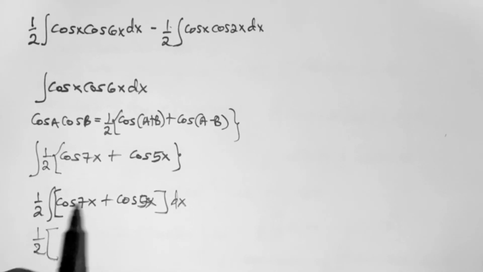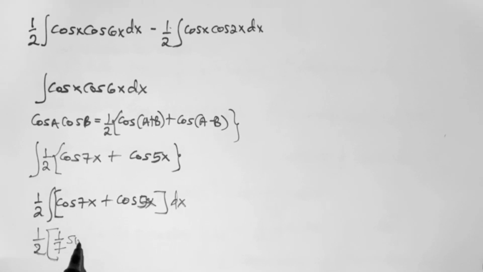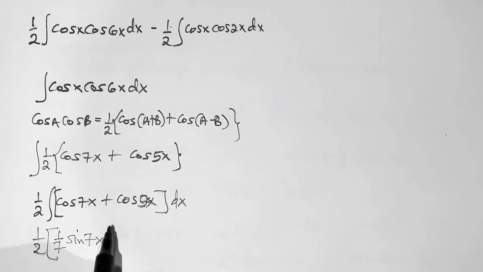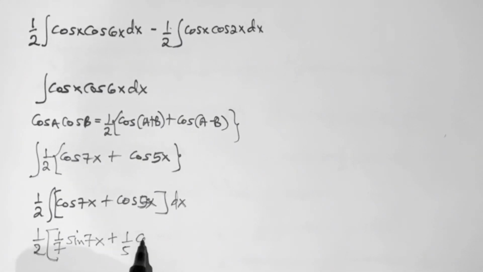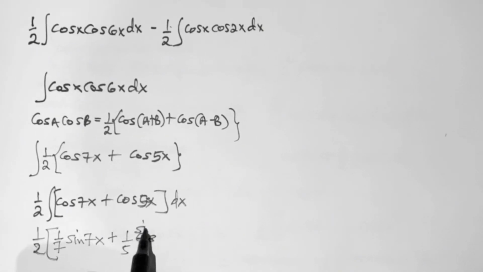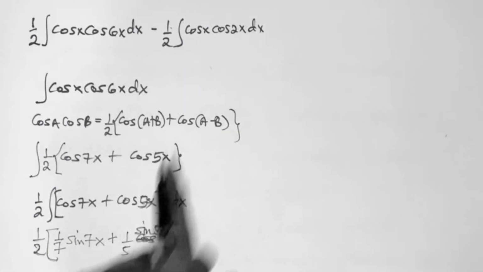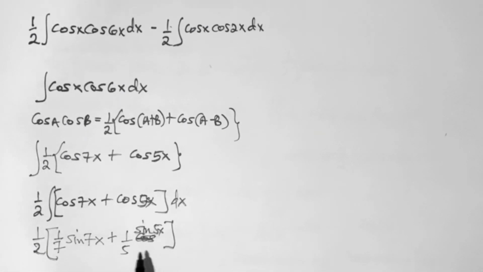If you integrate cos 7x, it becomes 1 over 7 sine 7x, and if you integrate cos 5x, it becomes plus 1 over 5 sine 5x. When we finish the second part, we can then add the constant of integration.